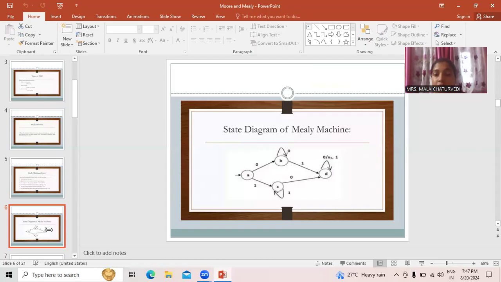Delta is the output alphabet, and lambda is the output function. How does the output function map in the Mealy machine? Q cross sigma gives delta. It means state D cross input alphabet 0 gives x3, that is the output alphabet.